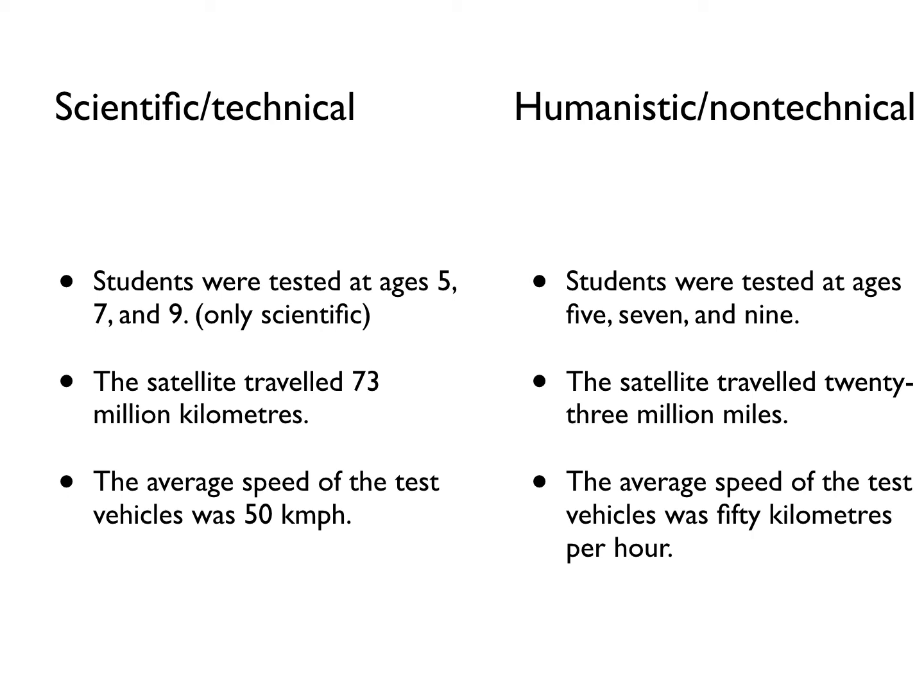In a scientific or technical document, you would write the numerals for 73 million kilometers. Now, you wouldn't write out all those zeros. You would rarely write out all the zeros because that's very cumbersome in any document. Now, there are cases where you might want to write out all the zeros for specific mathematical documents, and perhaps scientific documents if it's a very precise number.